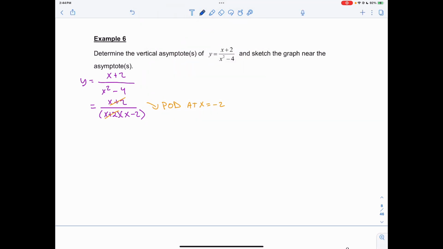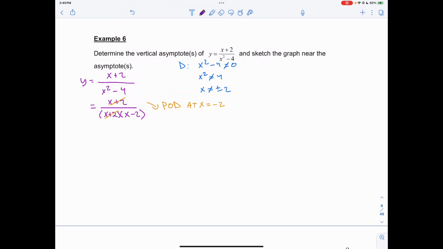Now, it will still count towards our domain from our factored form. X squared minus 4 cannot equal 0. My denominator cannot equal 0, which means that x squared cannot equal 4, and x cannot equal positive or negative 2, which we could also solve from the factored form of our denominator here.